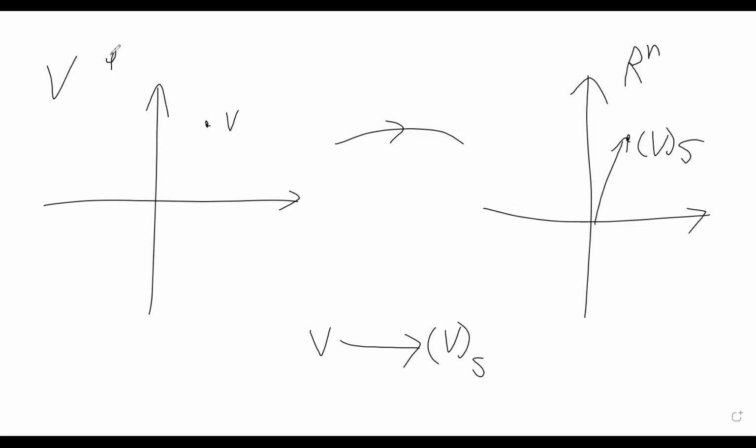The dimension is n. There's a one-to-one correspondence between the vectors in your vector space and n-tuples in Rn, or their coordinates relative to a fixed basis S. So for any vector in V, there's a one-to-one correspondence with its coordinates relative to the fixed basis S.